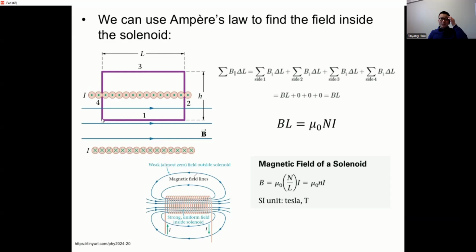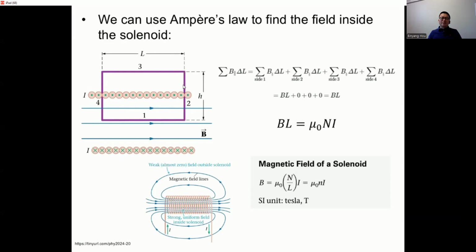Again, if we do the B field times those four segments, and then add them up. So the first one, side one will be this guy times delta L. So B field times delta L, which are parallel to each other. And then side two will be the B field in this direction times the change H over here. But in this case, because the B field is just in the horizontal direction, it does not have a vertical component.